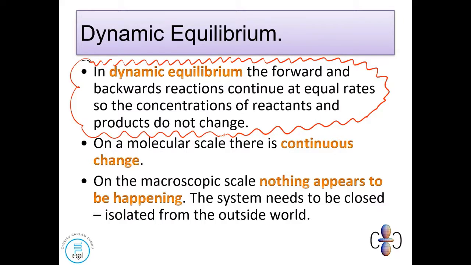So it's the difference between what we call molecular scale and macroscopic scale. So visually nothing appears to be changing or happening. Okay, so be very careful not to think that dynamic equilibrium suggests that the reaction has stopped. Okay, year 12, it's still continuing, it's still happening at a great pace.